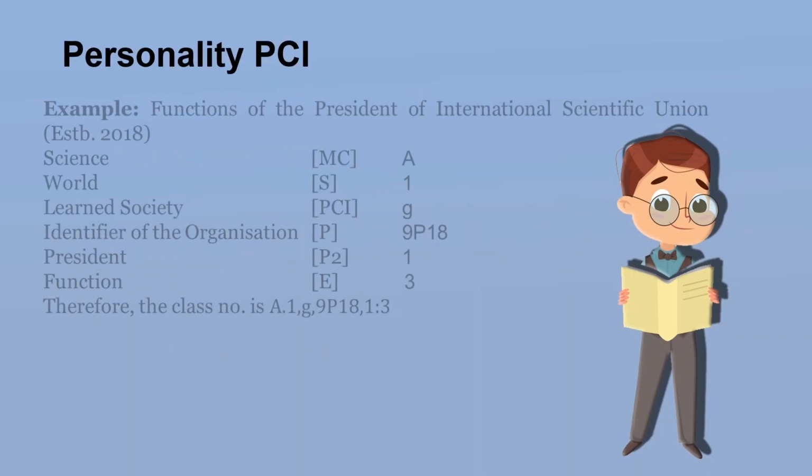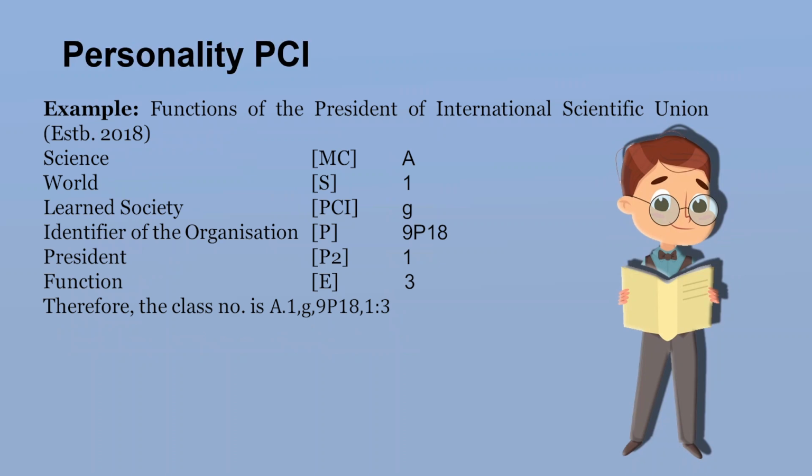Here we present an example: Functions of the President of International Scientific Union, which was established in 2018. It is an arbitrary title. Let us assign the class number for this title.